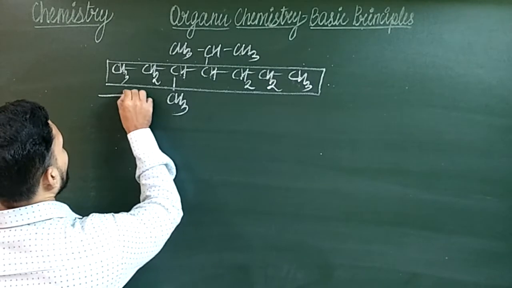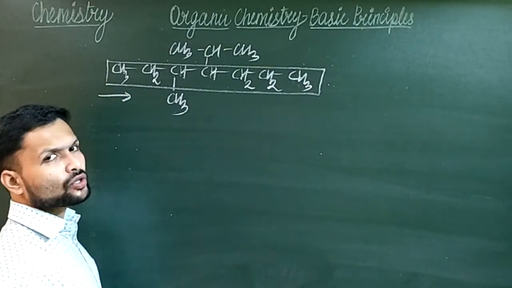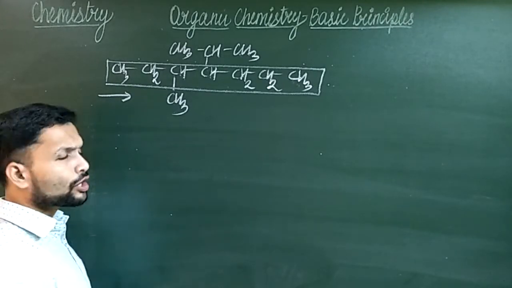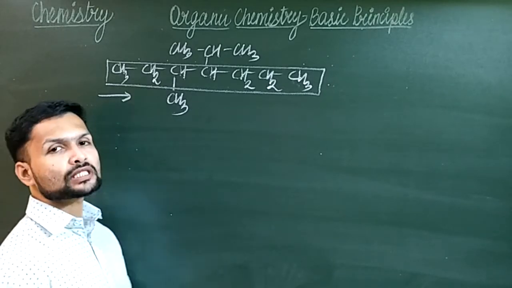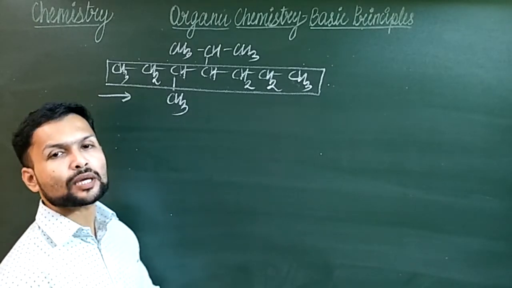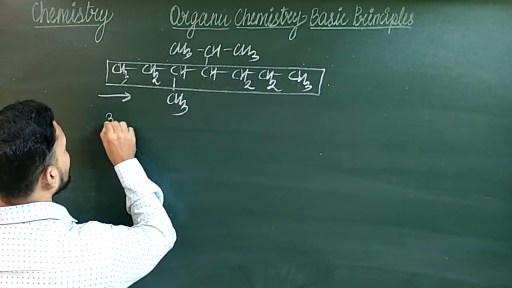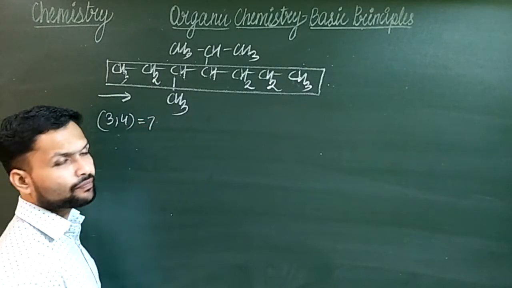Suppose I want to number it from this side. Tell me on which carbon of the parent chain the branches are attached. I am not bothered which branches are attached; I am asking on which carbon the substituents are attached. From this side it is 3 and 4, so the total of these locants is 7.